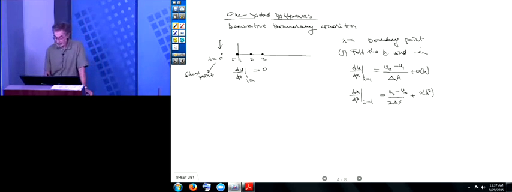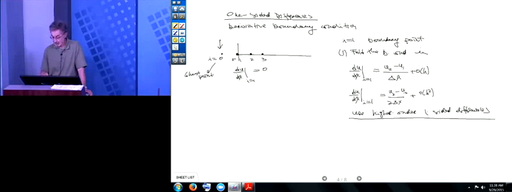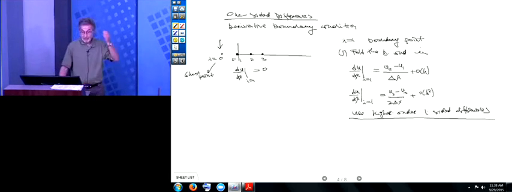The third one, though, is use higher order one-sided differences. Okay, so I'm going to expand a little bit on this and maybe use, again, Taylor series or polynomial approximations to obtain one-sided differences.